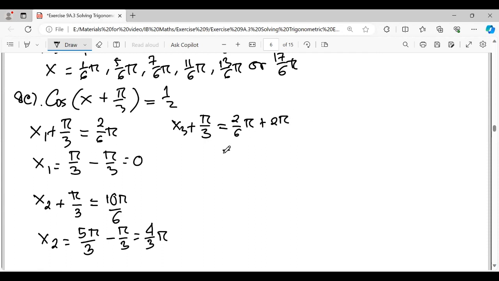So it is 14 pi over 6. So x3 equals 7 pi third minus pi third, 6 over 3.